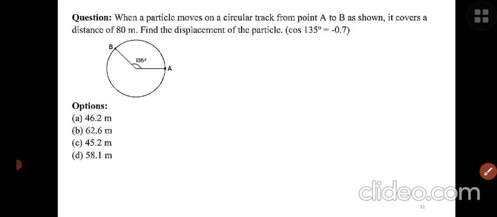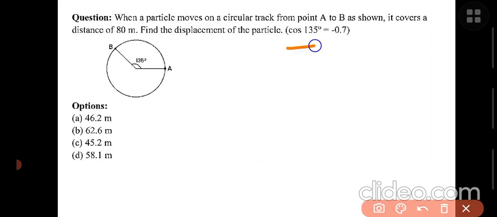When a particle moves on a circular track from point A to B as shown, it covers a distance of 80 meter. Find the displacement of the particle. Cos 135 degree is equal to minus 0.5. It's given.